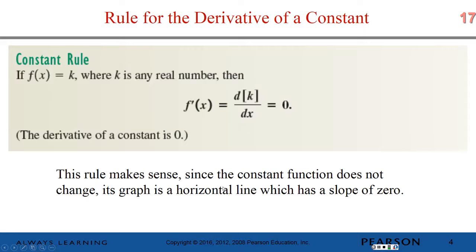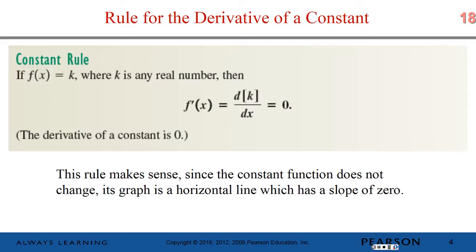And the reason the rule makes sense, if you think about what does a constant function look like? What does f of x equals 6 look like? Visualize it. It's a horizontal line that goes through the point 0, 6. So if x changes from -5 to -4, did the value of the function change?